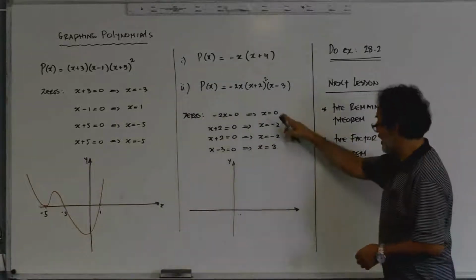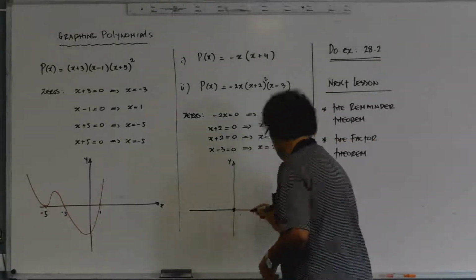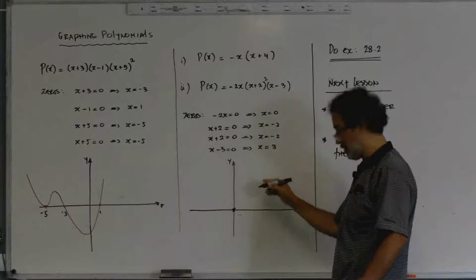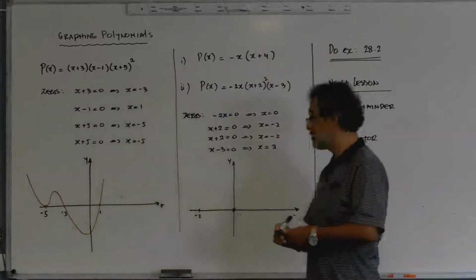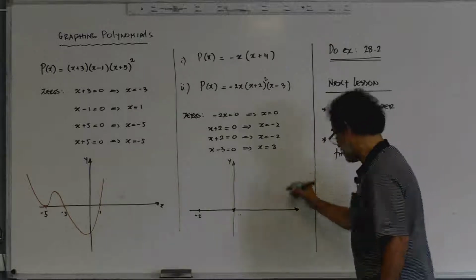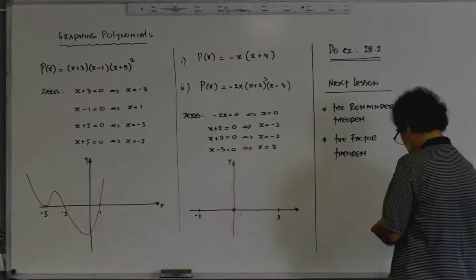Okay, Sarah, so we have 0, so we're going to put 0. And then we have negative 2 twice. So let's say negative 2 is where we have the double root, and then we have 3, so it's going to be somewhere here.